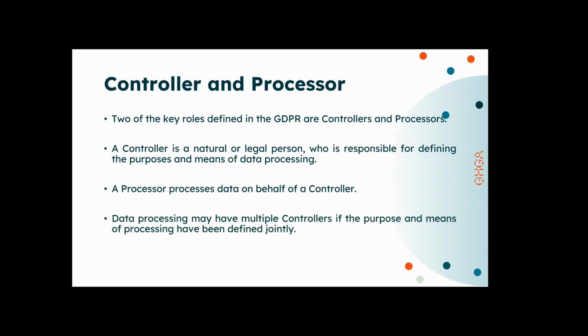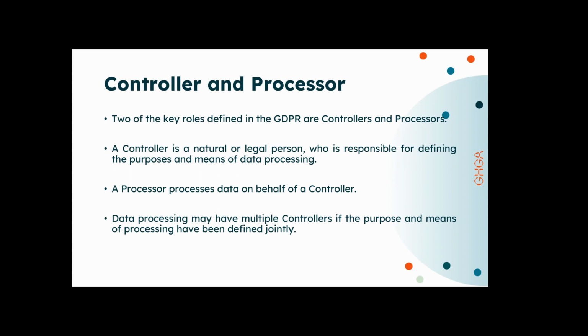Data processing may have multiple controllers if the purpose and means of processing have been defined jointly. So it's the controllers' responsibility to say, we are collecting this data, defining what the data is, who we're collecting it from, and what we're going to do with it. The processor is instructed by a controller to actually perform some processing.